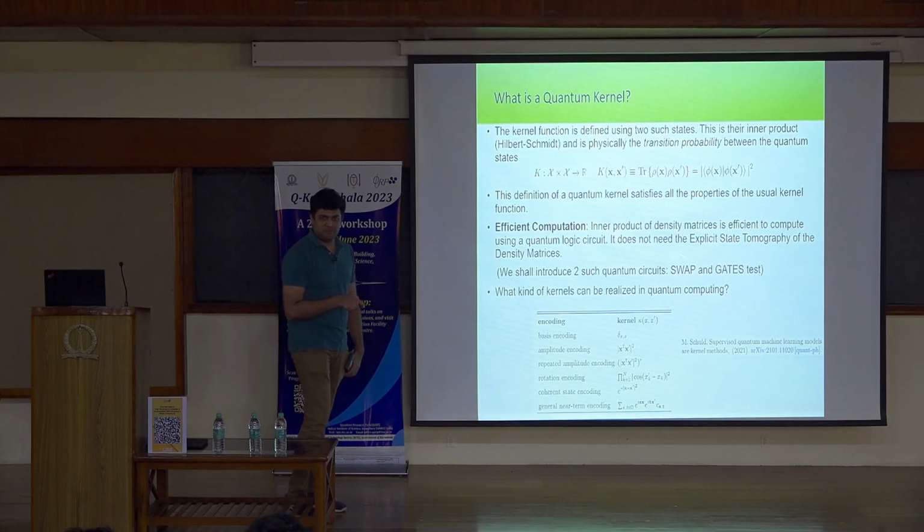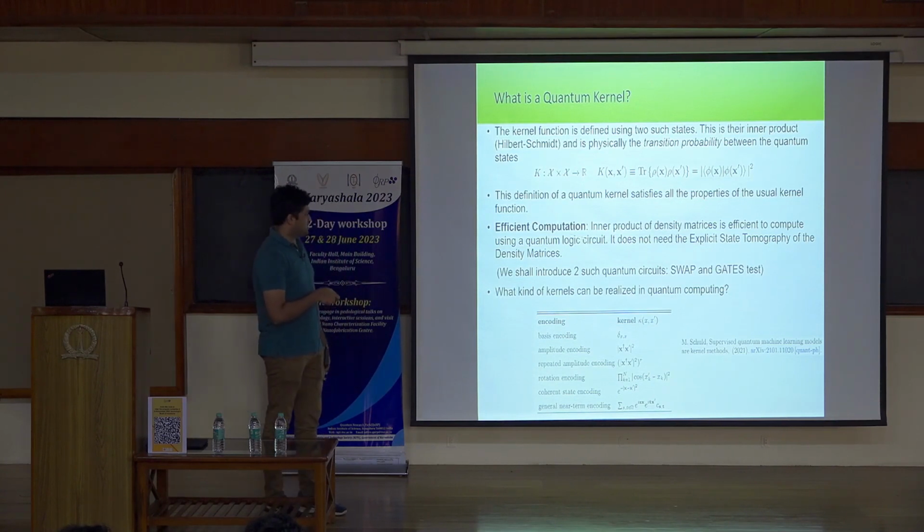I don't have to perform quantum state tomography or something like that. I can write up a quantum circuit which evaluates this inner product. In fact, you can write it with just two unitary operations, one to create this and one to create that.